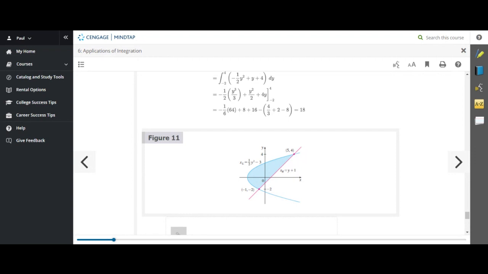Let me go back to the whiteboard, kind of go back and forth here as I need to, because I want to fill in some details.